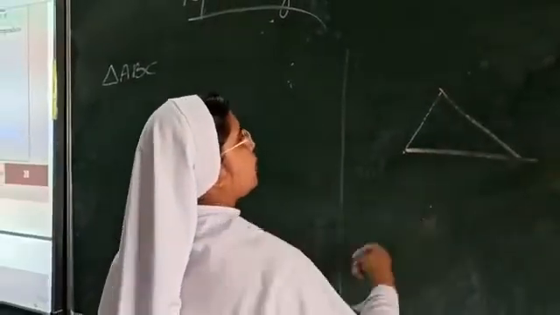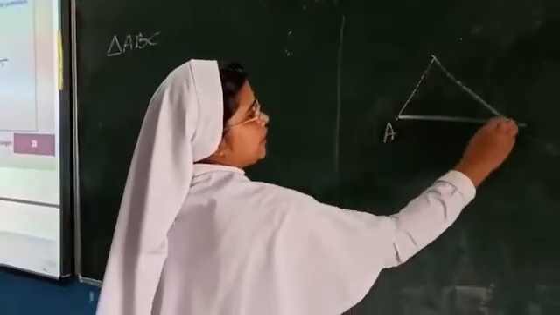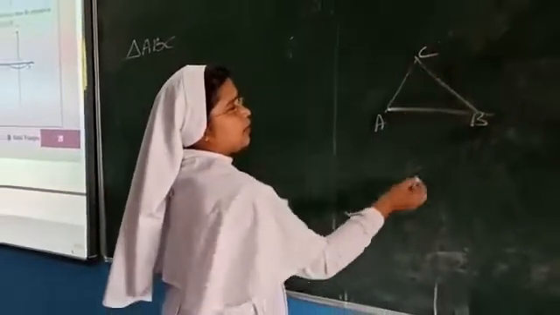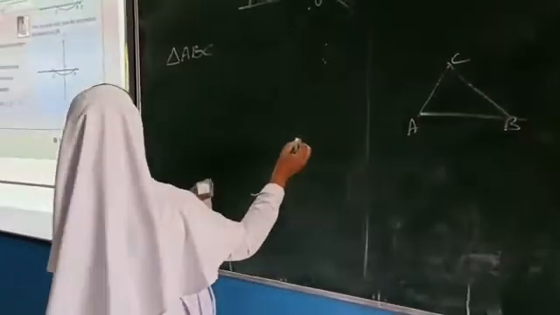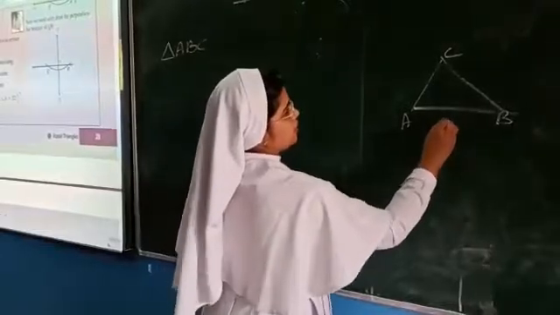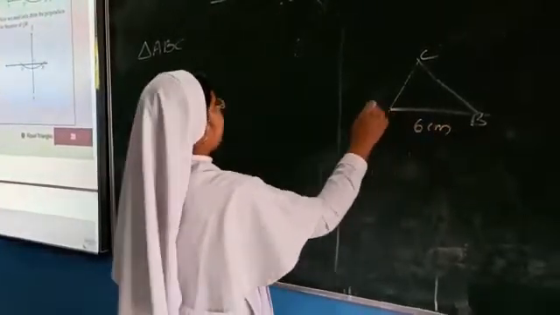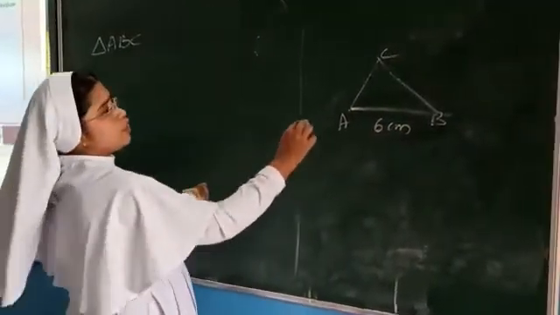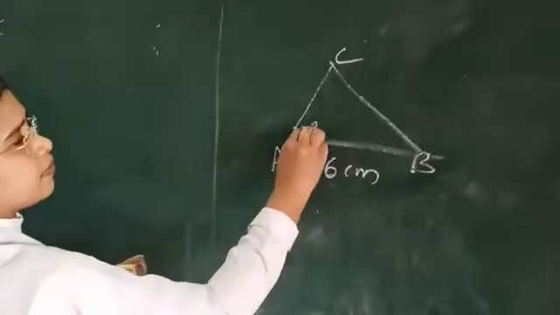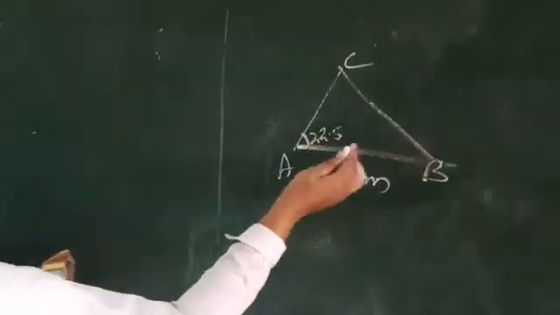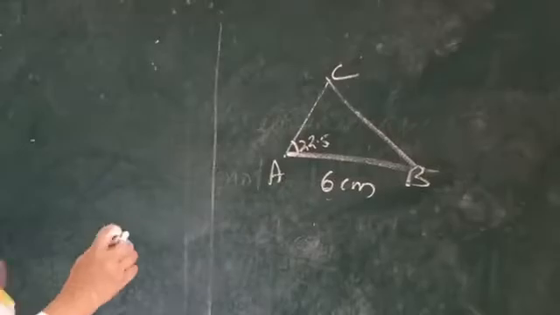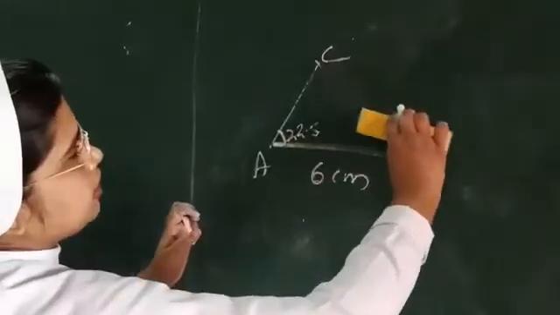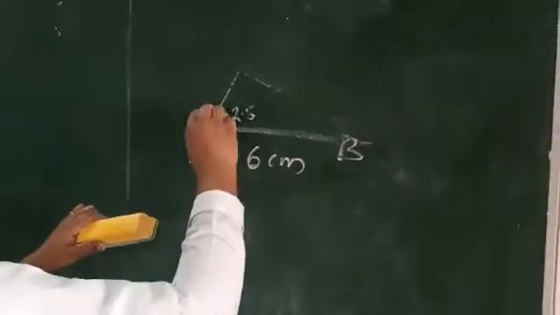So you are drawing a triangle here, ABC, and AB is equal to 6 centimeter, angle A is equal to 22.5, and angle B is equal to 67.5. So 67.5 means it has to be a bigger triangle.